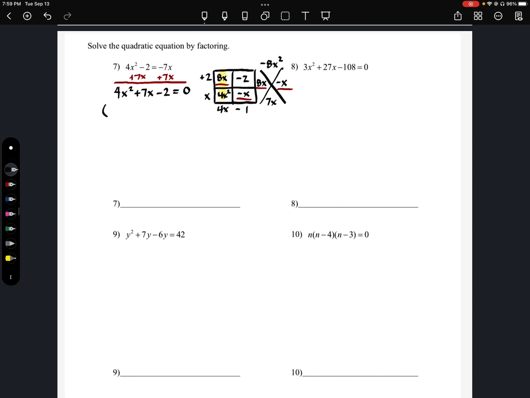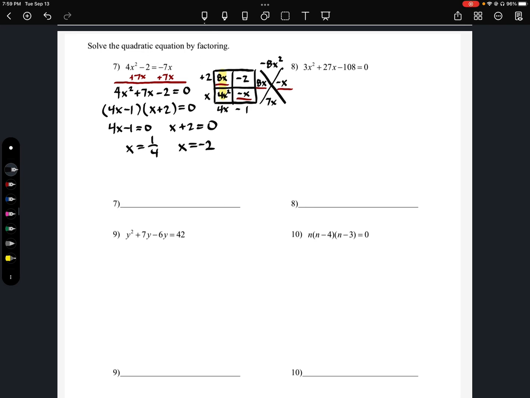So we will factor this trinomial. We had 4x minus 1, and we had x plus 2. And then we'll set each of those equal to 0 and solve them. So we'll get x is equal to 1/4, and we'll get x is equal to negative 2.